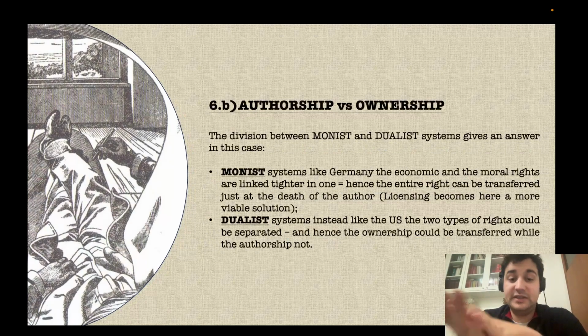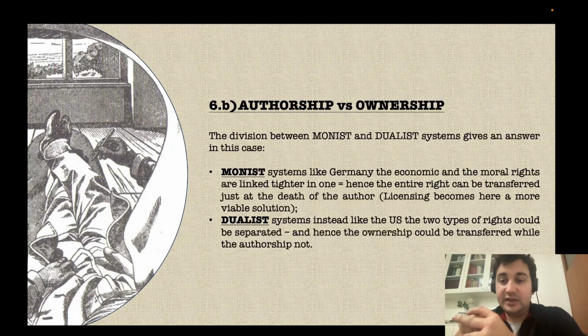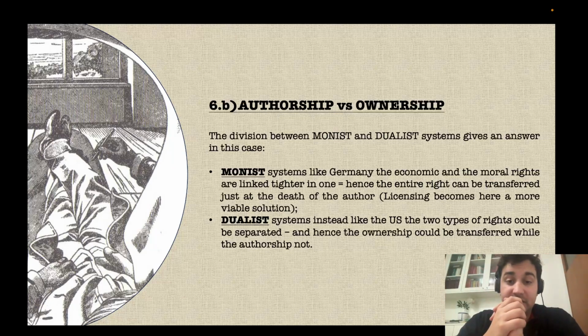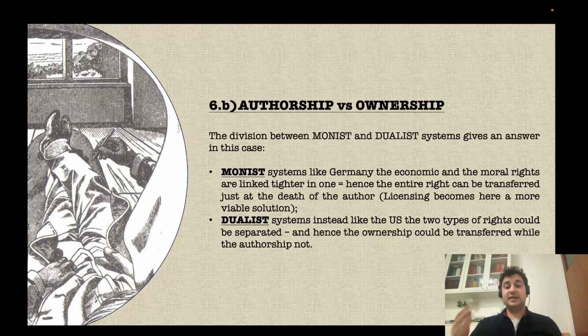There is a monist and then a dualist approach. In a monist system like in Germany, the economic and the moral rights are linked together, and hence the transfer of ownership could just happen with the death of the author, okay?